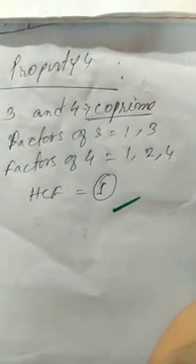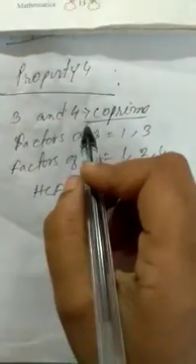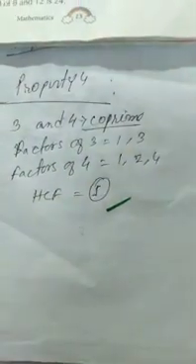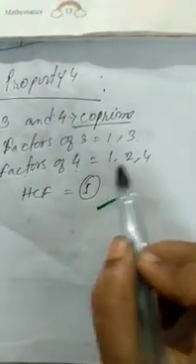Suppose I take one example like 3 and 4. These are coprime numbers, as we have learned from the definition of coprime. 4 and 9 are also coprime. Factors of 3, if you see here, are only 1 and 3, and factors of 4 are 1, 2, 4.